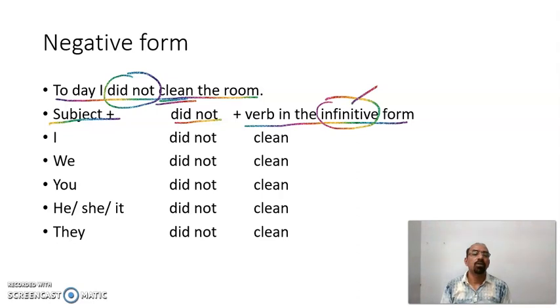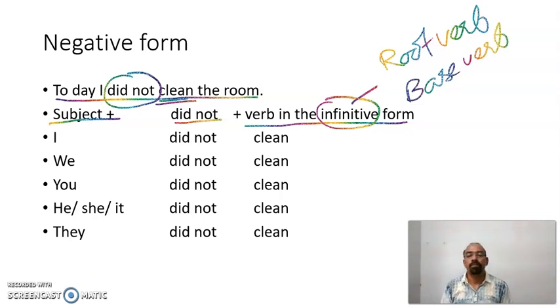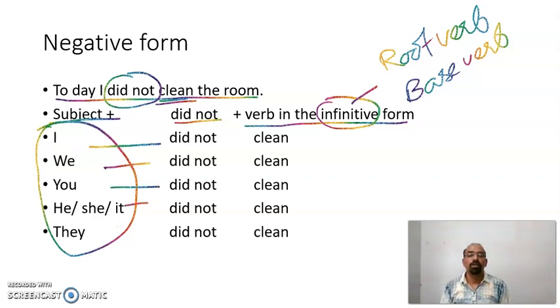Infinitive means root verb or base verb. With all subjects, first person, second person or third person, there is no change with did not. We use did. I did not clean, we did not clean, you did not clean, he did not clean, she did not clean, it did not clean, they did not clean. Without any change, only the subject changes.